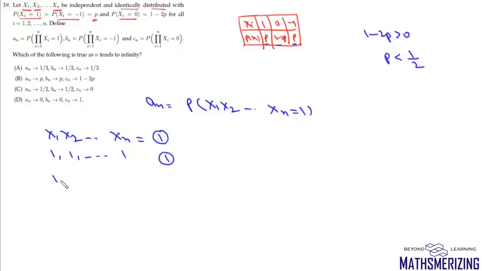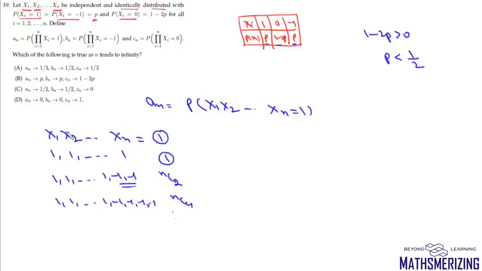Next one could be when n - 2 values are 1 and 2 values are -1. Then again their product will be 1. So from these n, we need to select 2 which will have the value -1, so it will be simply nC2. Next one will be all ones except 4 minus 1s, here it will be simply nC4. It will continue till we have the maximum number of minus 1s possible.